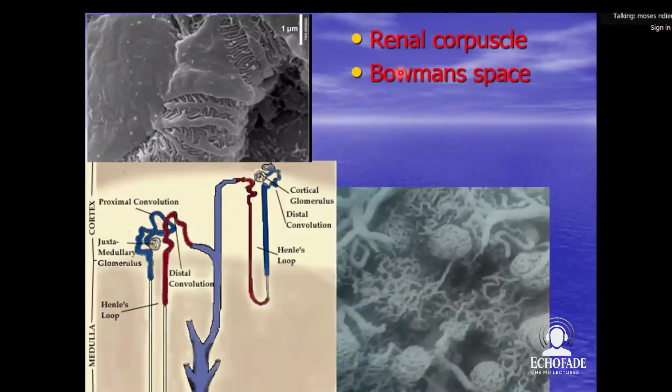The visceral part of the Bowman's corpuscle contains some specialized cells that we call podocytes.